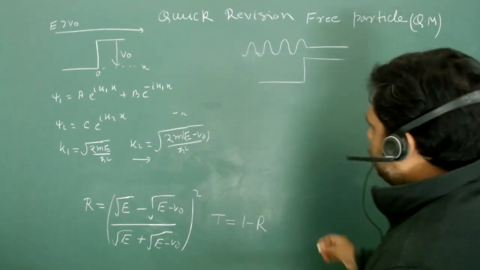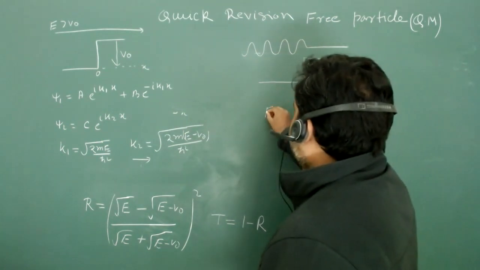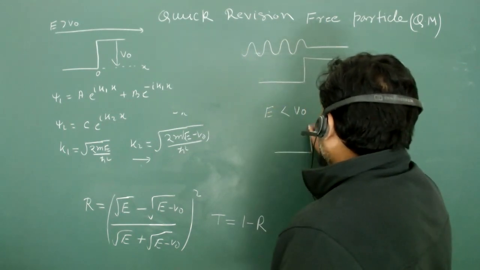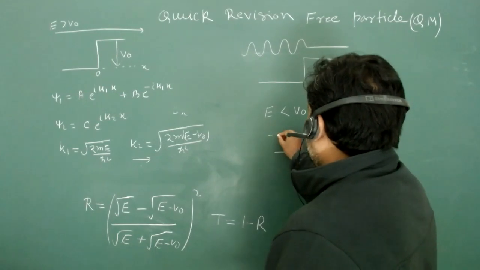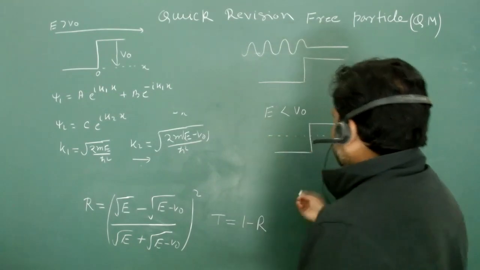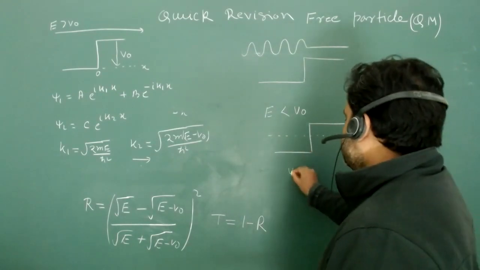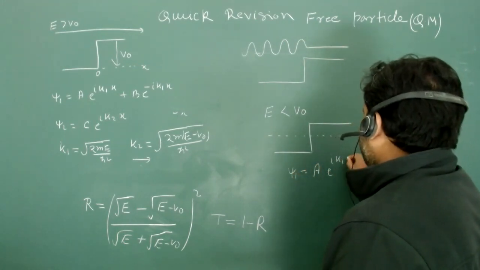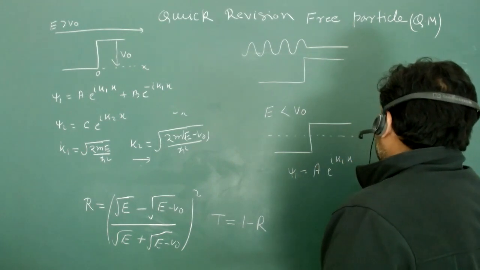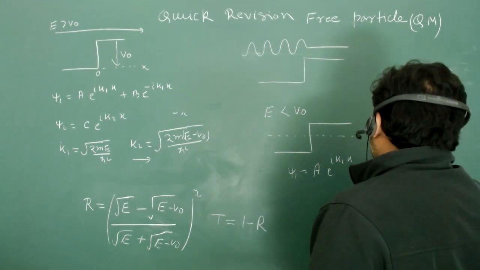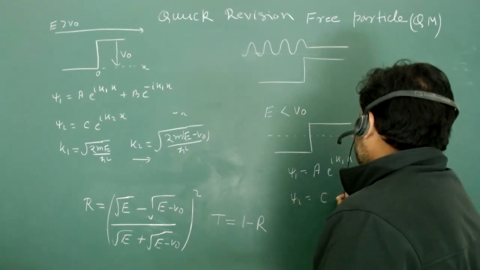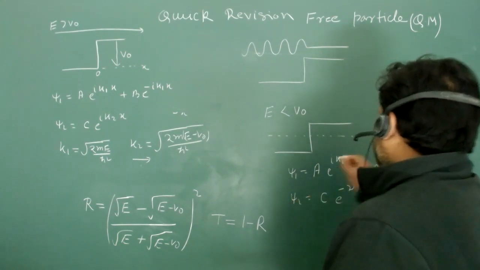And the second case is when E is less than V naught, then you have this particular condition. The energy of a particle is something like this. Then here you have psi1 is equal to A e to the power i k1x plus B e to the power minus i k1x, and psi2 is equal to, let's say, C e to the power minus gamma x.